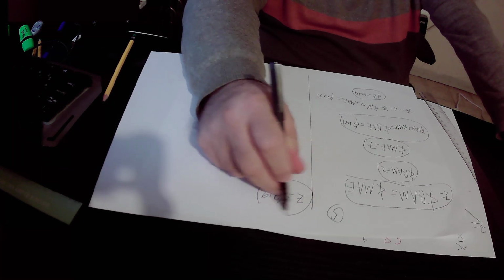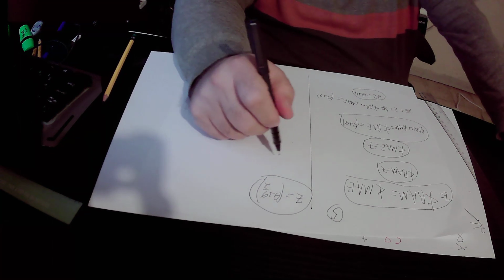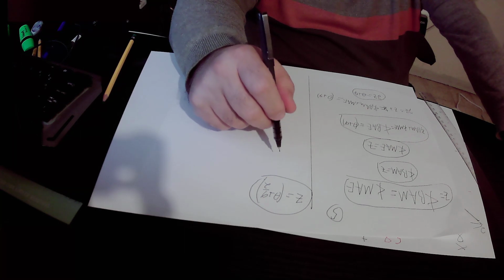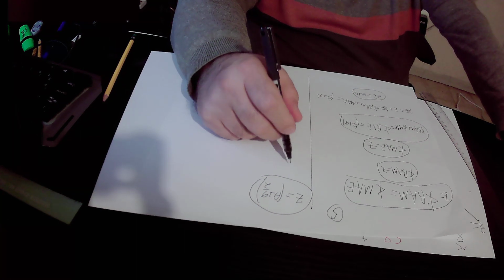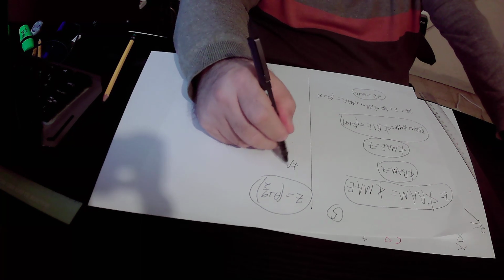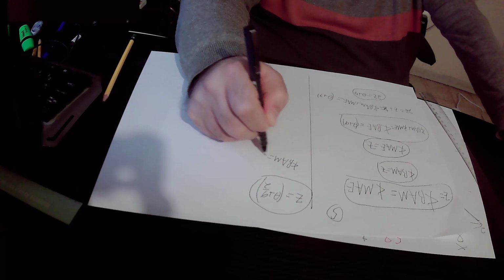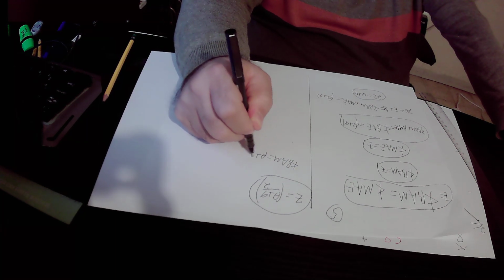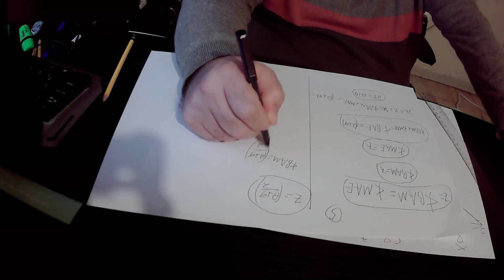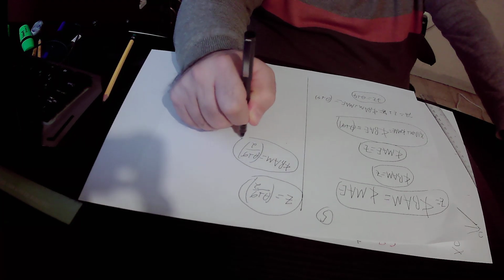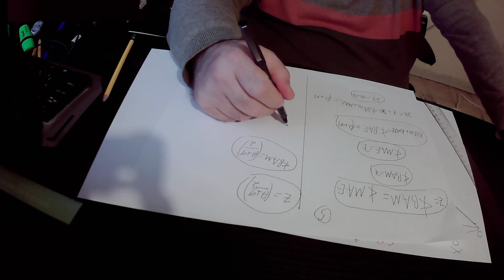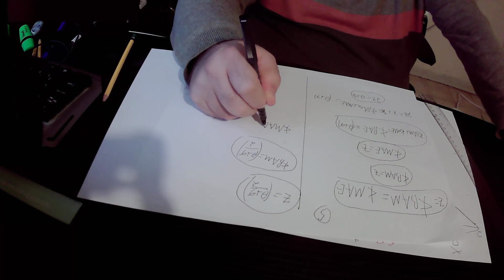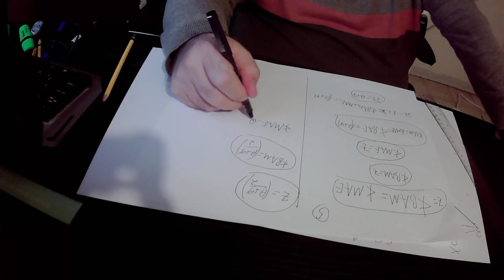But angle Z equals angle BAM, so therefore we can conclude that angle BAM is equal to (theta plus alpha) over 2. And from the fact that angle MAE is also equal to Z, we will conclude that angle MAE is also equal to (theta plus alpha) over 2.